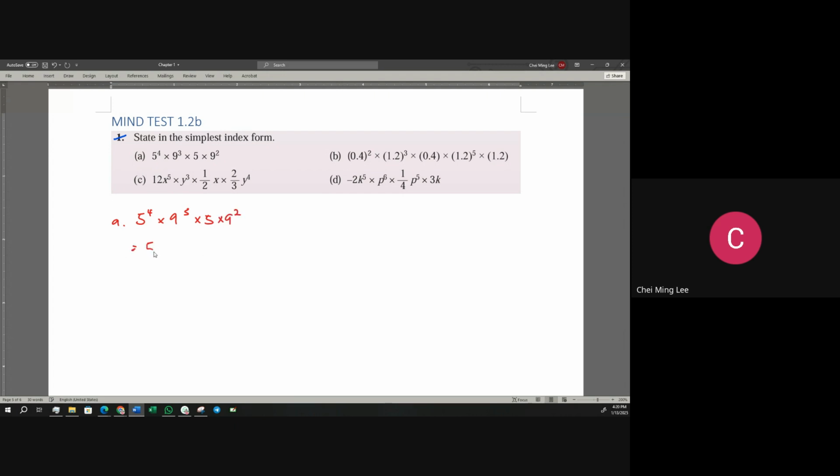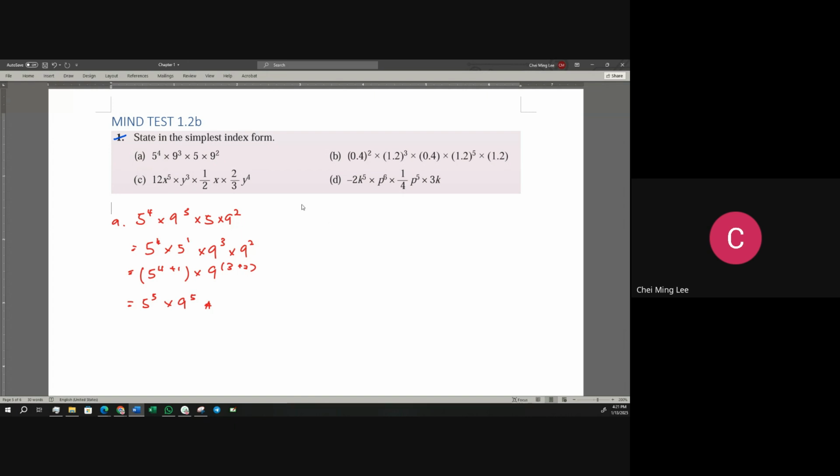So this one we make it 5 to the power of 4 times 5 to the power of 1 times 9 to the power of 3 times 9 to the power of 2. Then we add: 5 to the power of 4 plus 1 times 9 to the power of 3 plus 2, which equals 5 to the power of 5 multiplied by 9 to the power of 5.